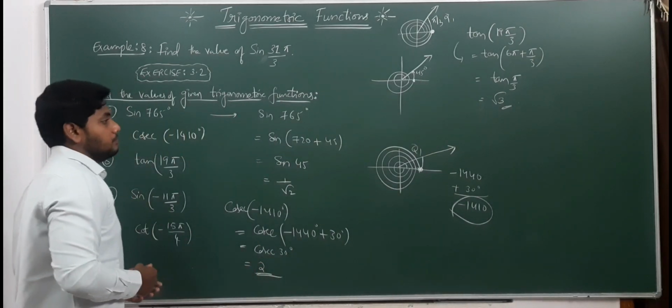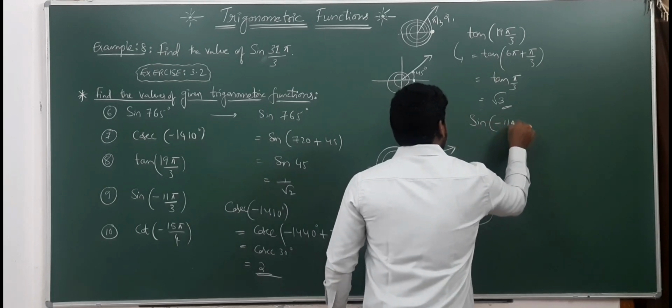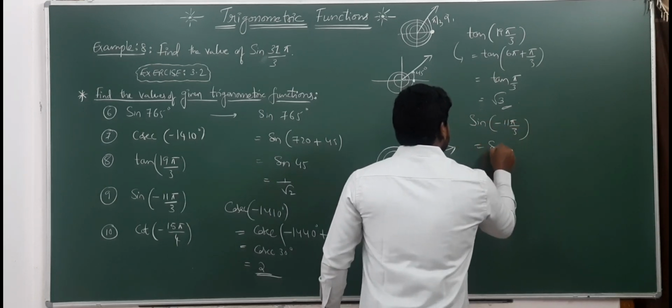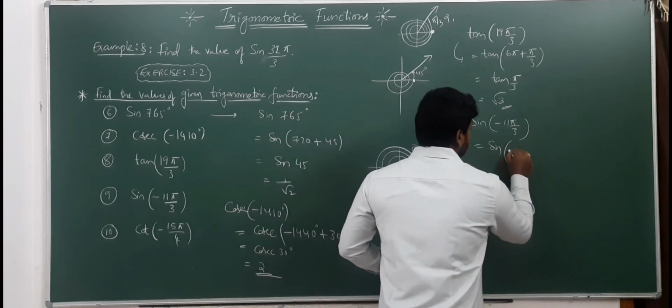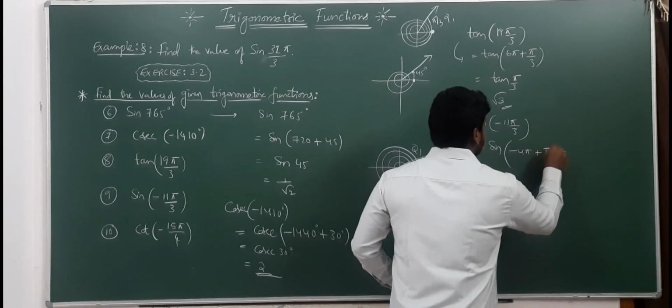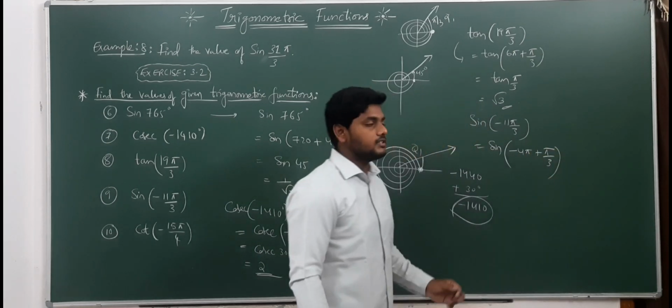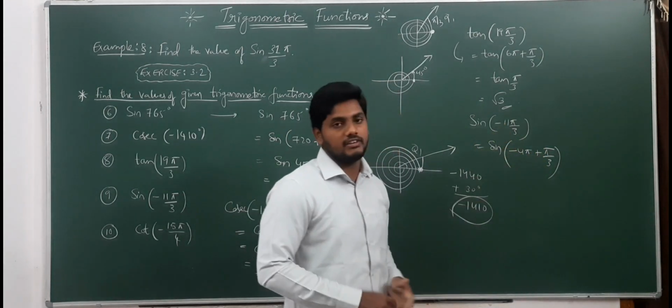Sine of minus 11 pi by 3. I will write it as sine of minus 4 pi plus pi by 3. If you simplify this, minus 4 times 3 is minus 12, plus pi will become minus 11.